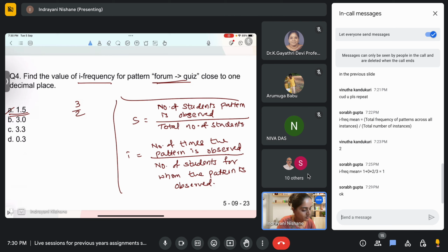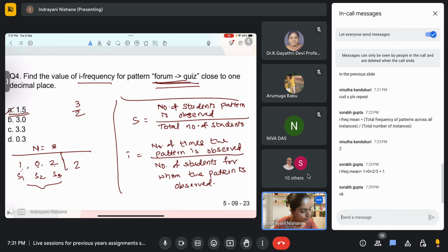So this was the 102 and we had a total n equal to 3 students. That was the observation we made for the particular pattern of forum to quiz transition. This was observed for S1, S2 and S3. S1 and S3 had that particular pattern, so this count becomes 2.